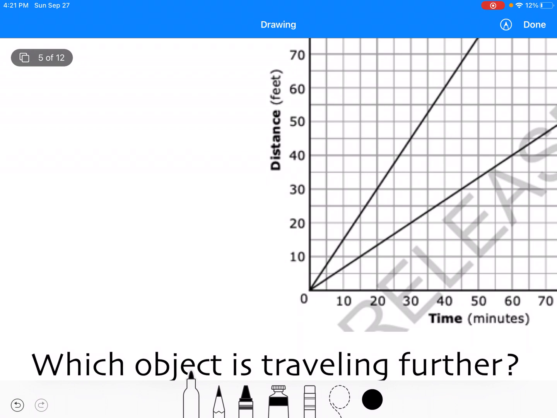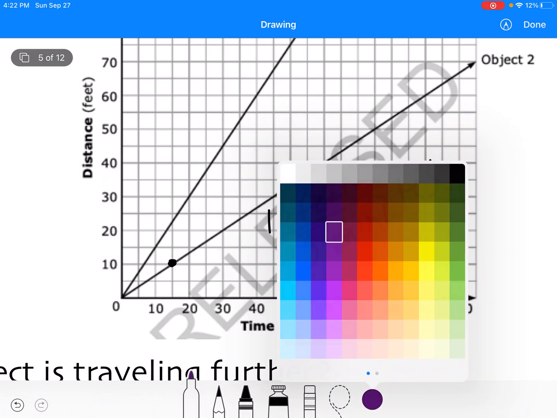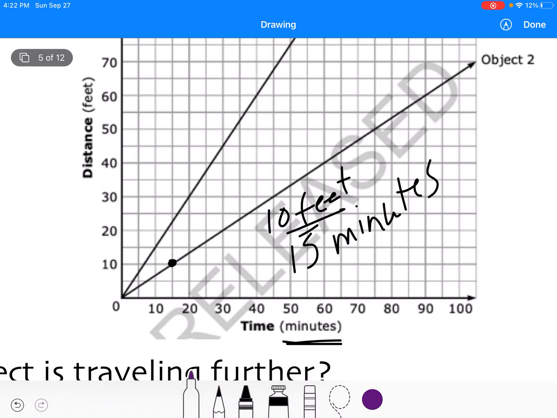So I know that for that one it would be 10 feet in 15 seconds, or 15 minutes, I'm sorry. And I know that it's minutes because it says it right there. So then I'm looking for another place. There we go. So this one goes 30 feet in 20 minutes.